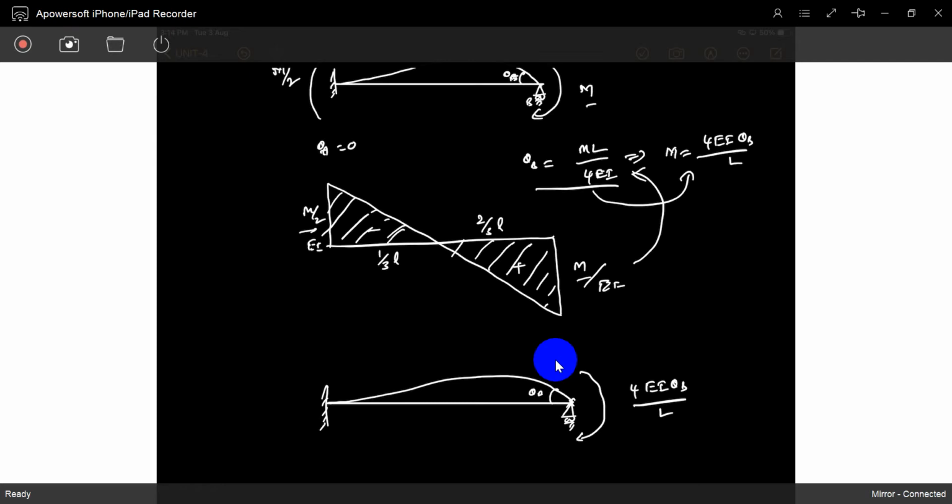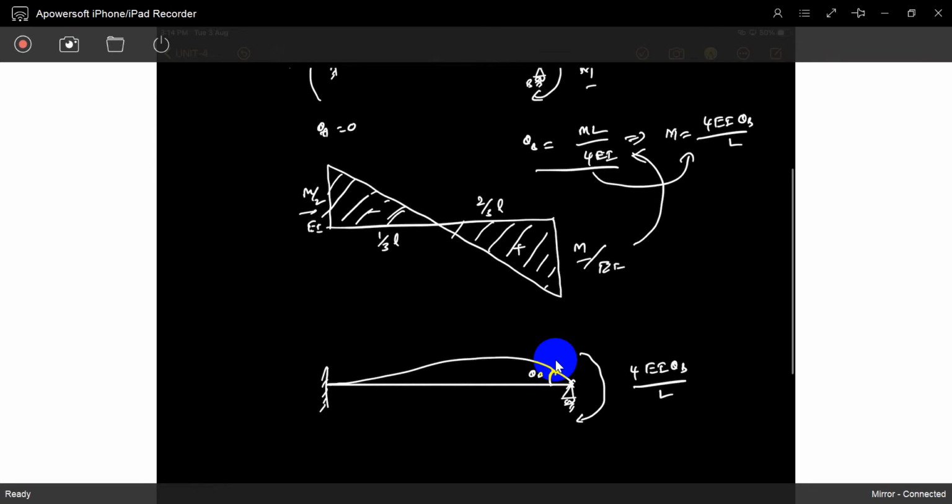Same meaning. So if you give theta B at the joint B, B experiences 4EI theta B by L, that is the moment experienced, and the A end also experiences a moment, because it is a rigid joint.